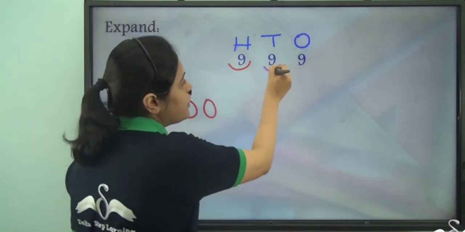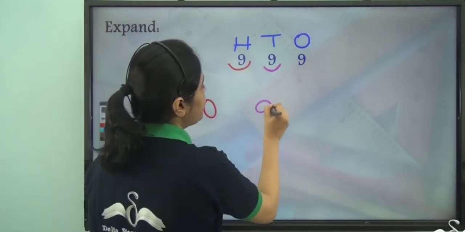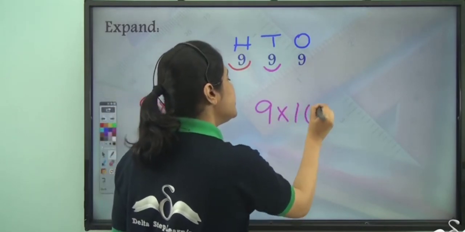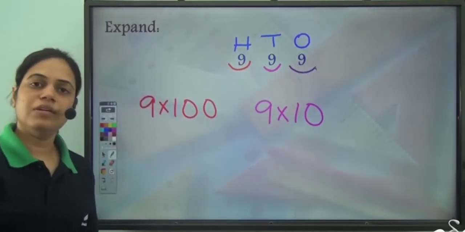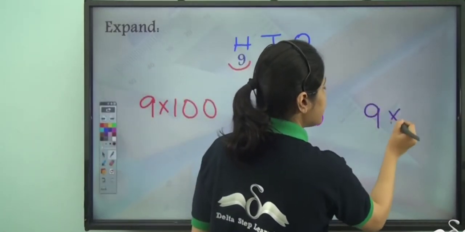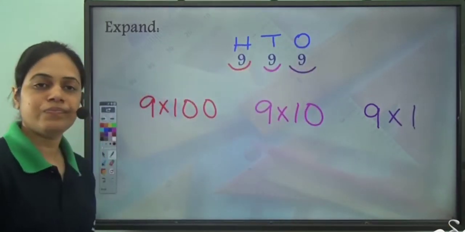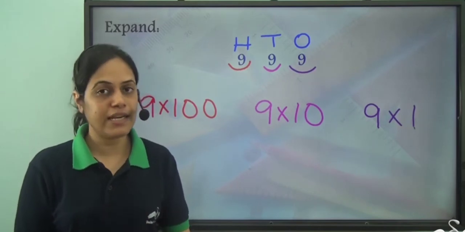The place value of this 9, it is in the tens place, so the place value will be 9 into 10. And what about the place value of this 9? It is in the ones place, so the place value will be 9 into 1.